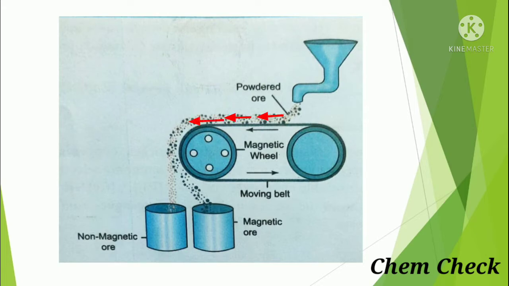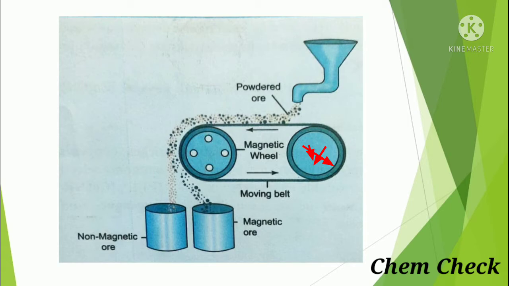So we have a belt. There are two rollers, and these two rollers are connected by means of a belt, or I can say a belt is moving over two rollers. Between these two rollers, one is magnetic in nature, whereas the other one is non-magnetic.